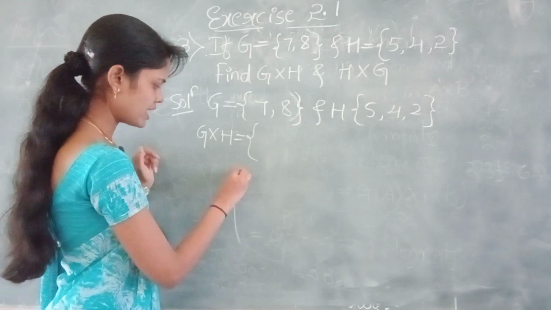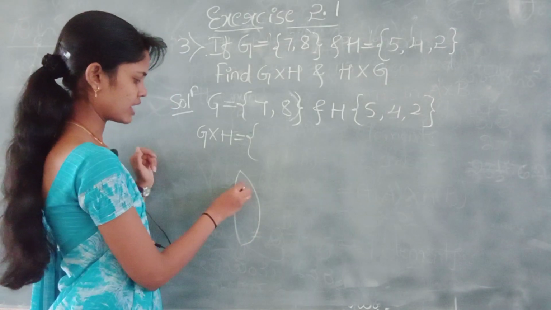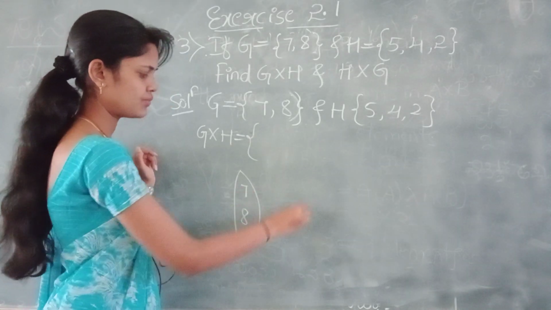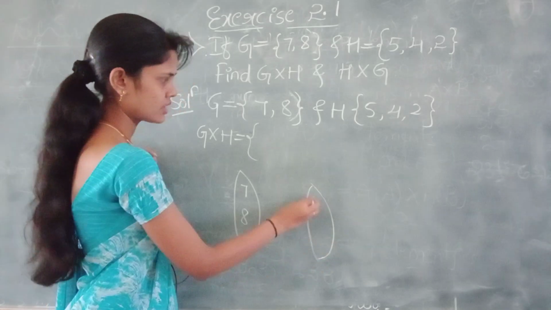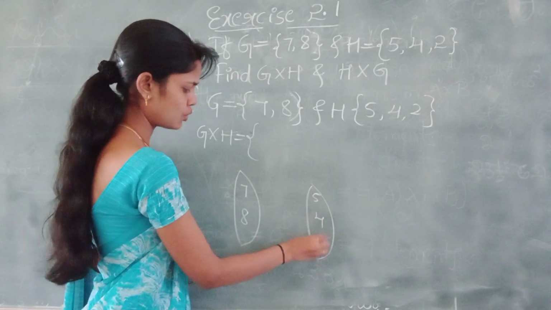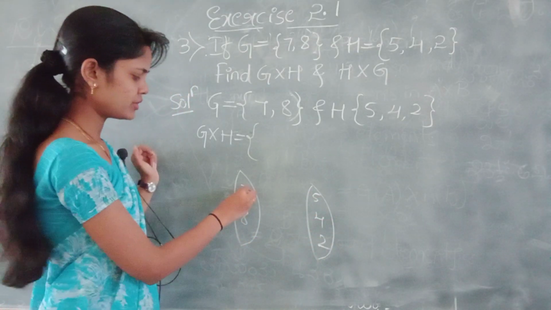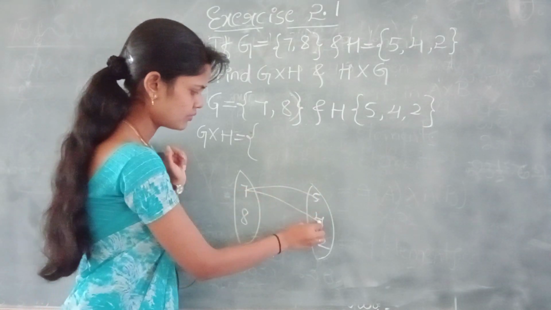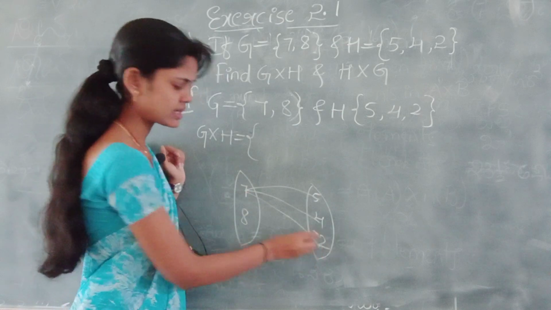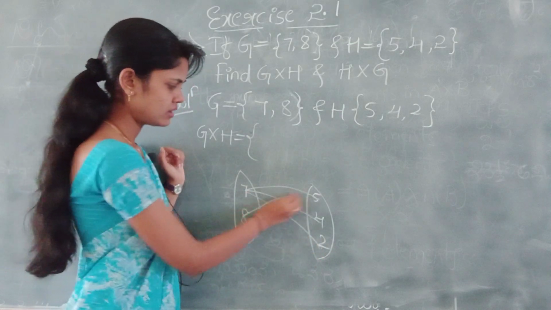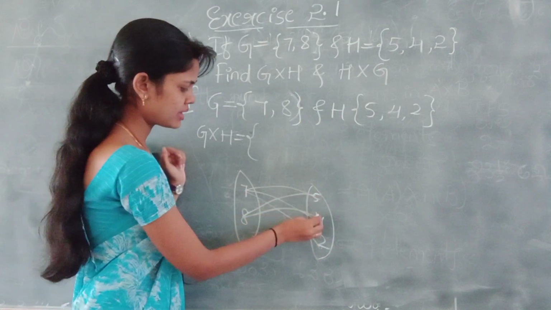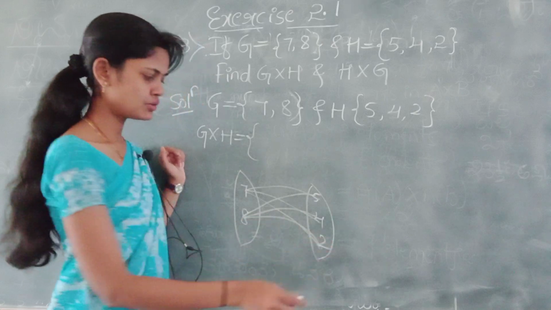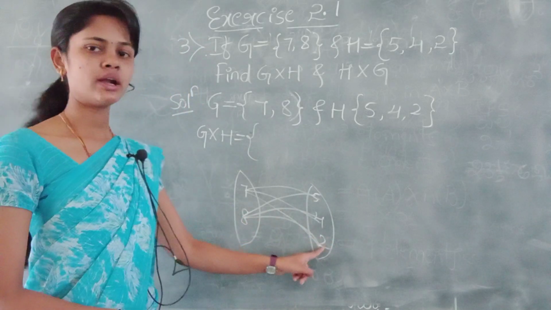If you want to write it diagrammatically, you can write 7, 8 in the first set and 5, 4, 2 in the second set. From the first element to the first element, first to second, first to third, and then second element to first, second to second, second to third, like this.